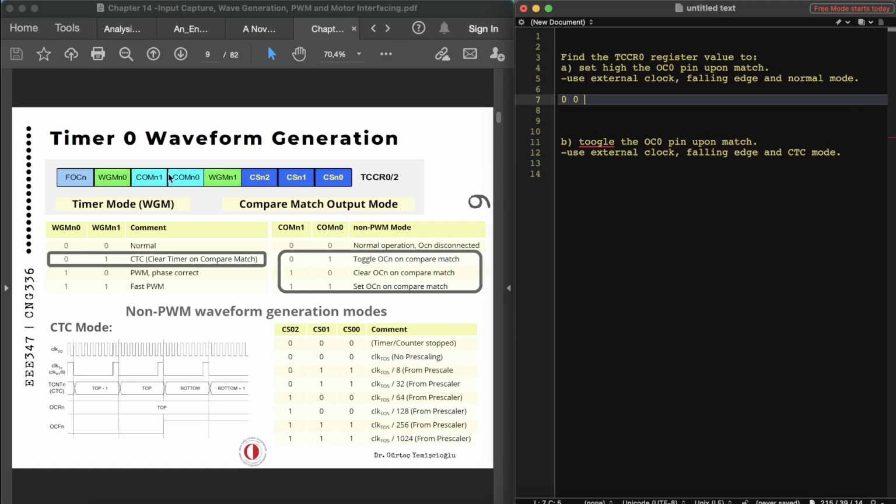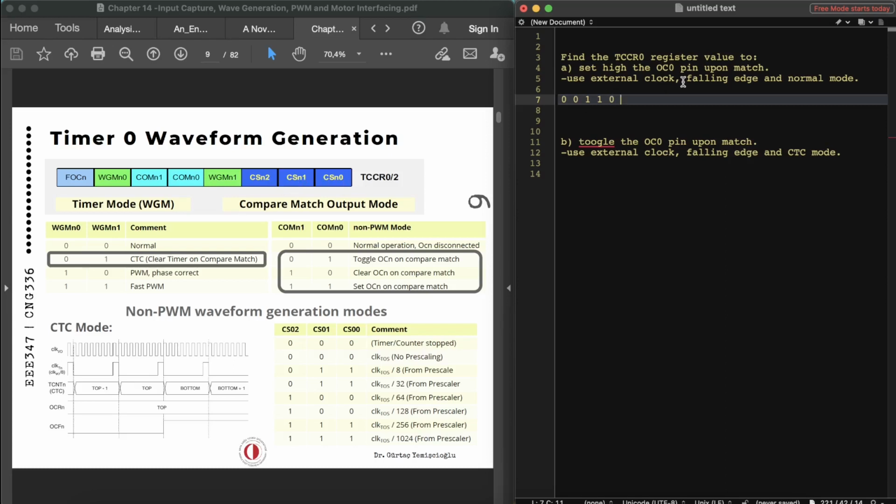And for the COM bits, we are looking for set high the OC0 pin upon match. Set high means 1, 1. So the COM bits are set to 1, 1. And then WGM01 is going to be 0 as well, as it is going to be in normal mode. Then we have the prescalers.